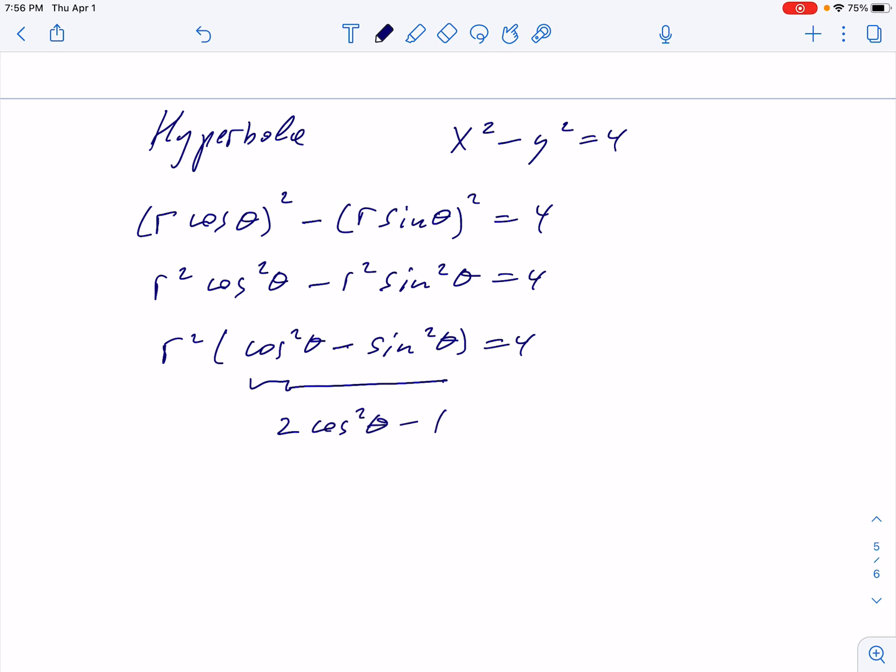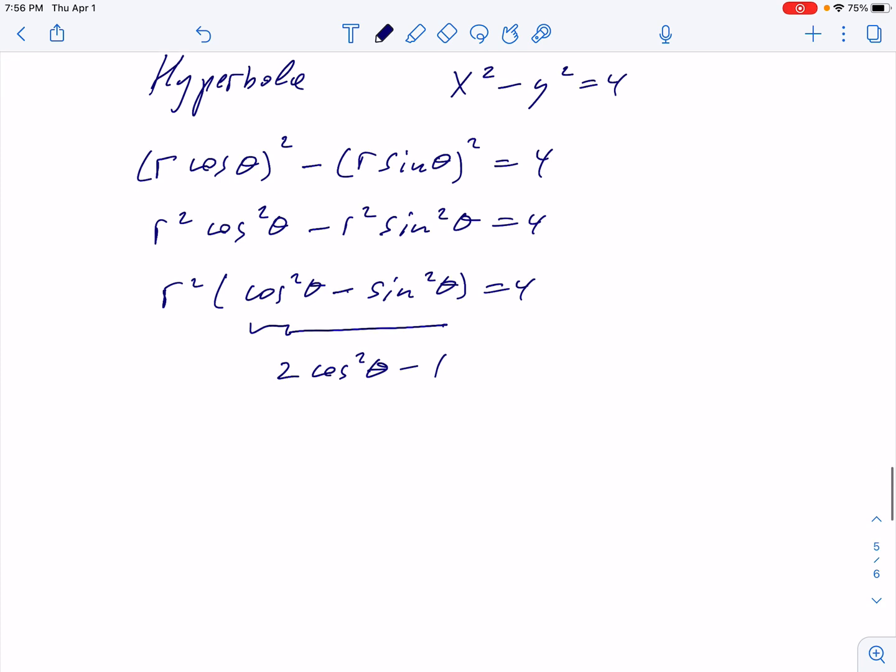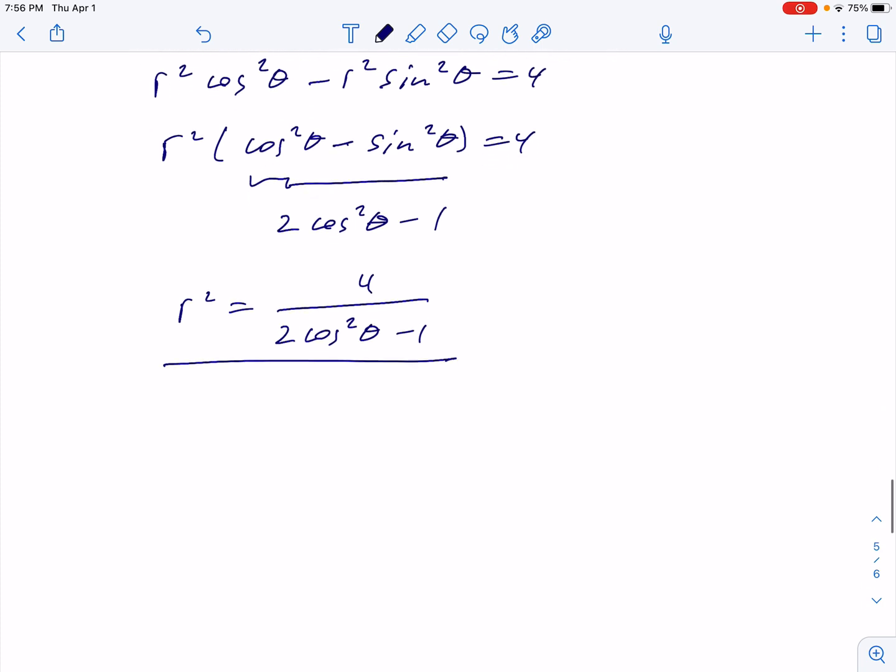If you think this is simpler, I can put it this way. Anyway, solving for r squared, we have r squared equals 4 over (2 times cosine squared theta minus 1). This is our hyperbola.